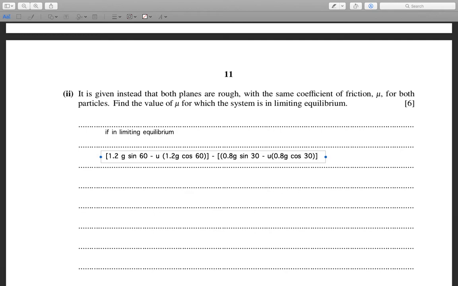So this equals 0. To find mu, the g cancels out.